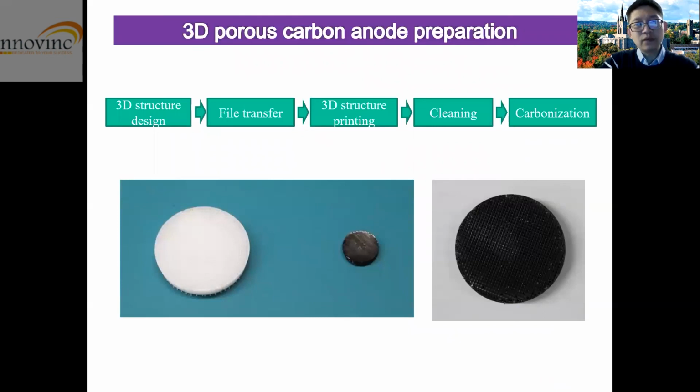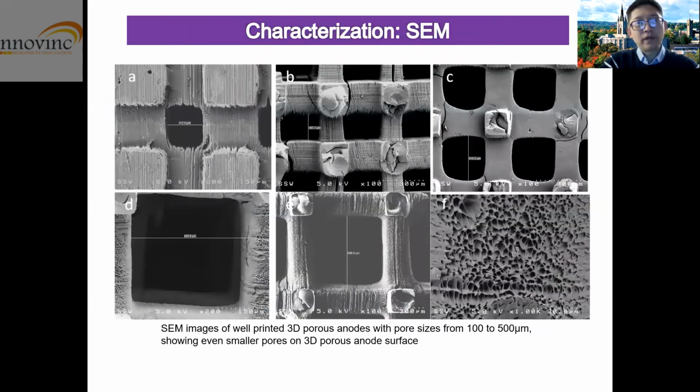By 3D printing, we can control the morphology, the pore size, and the porosity of this type of electrode, to achieve the best efficiency and the best environment for biofilm to grow.